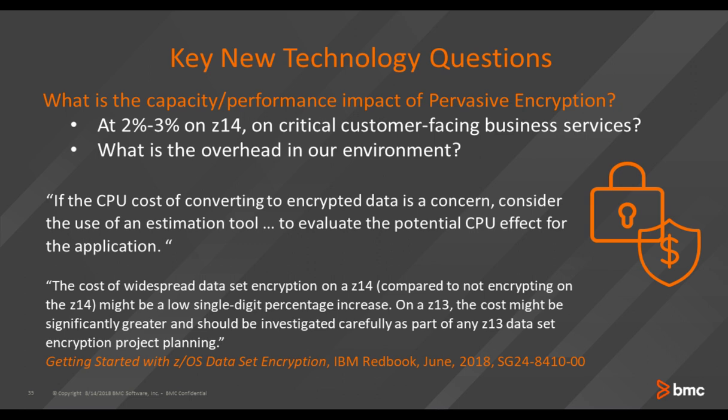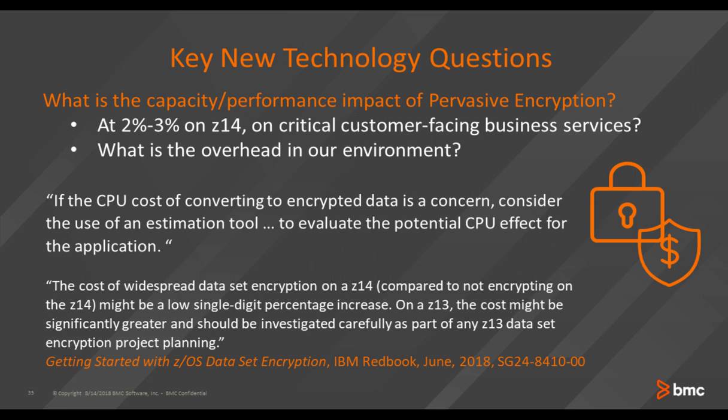So the question then for capacity planning is, what would happen if I added 2 to 3% on all of my critical business applications that would be using that encrypted data? The other question is, will we see 2 to 3% in our environment? And they've also noted at IBM that on a Z13 or other technologies, the overhead could be substantially more.